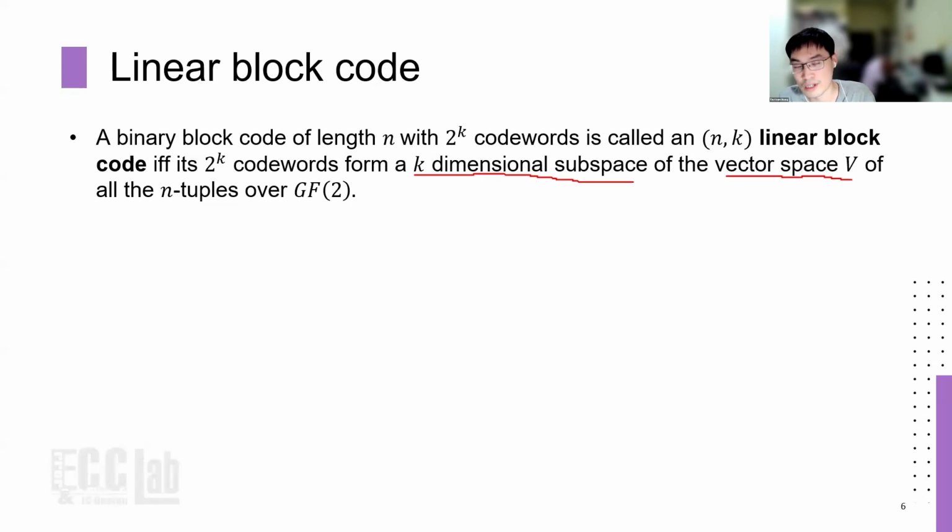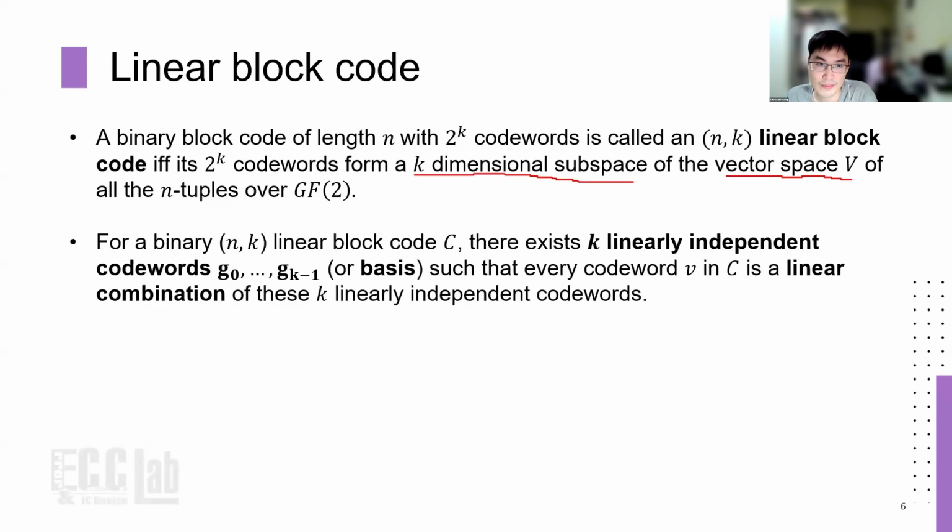So in this talk, we only consider elements in binary. Then for a binary linear block code, there exist k linearly independent codewords such that every codeword is a linear combination of these k linearly independent codewords, a basis.